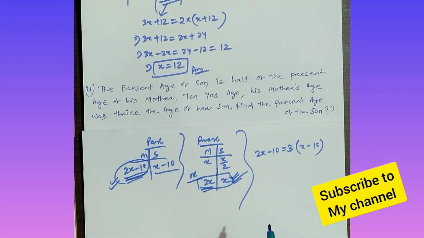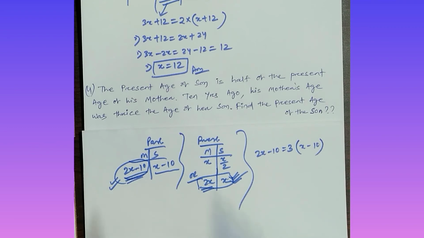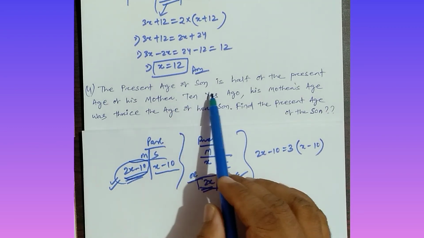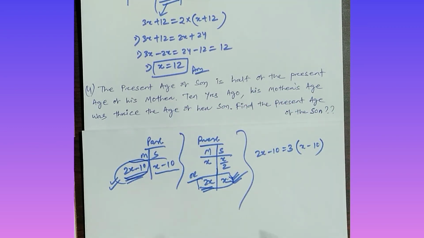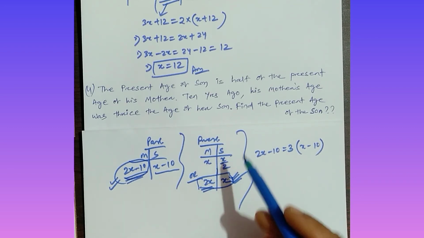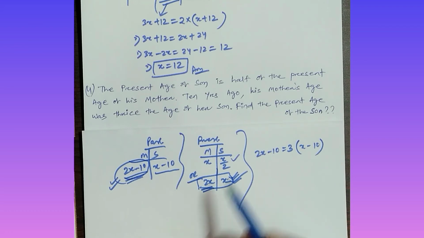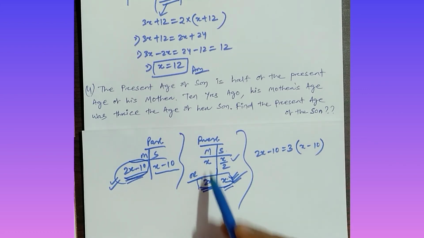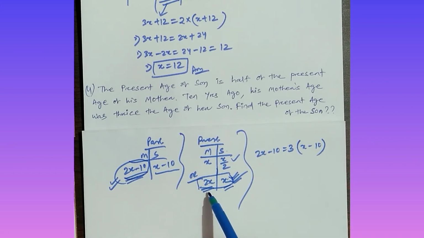Again I'm repeating. The present age of the son is half of the present age of his mother. Let's suppose you take the mother's age as x years, obviously the son's age will be x by 2. Or another way, take the son's age as x years, obviously the mother's age will be 2x years.